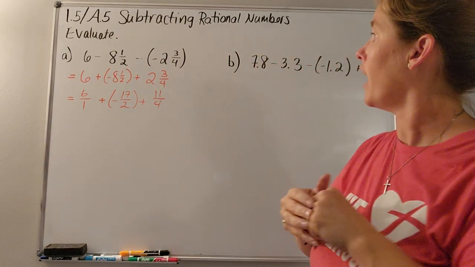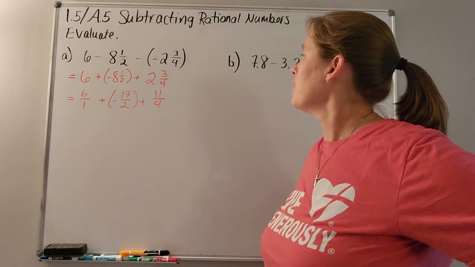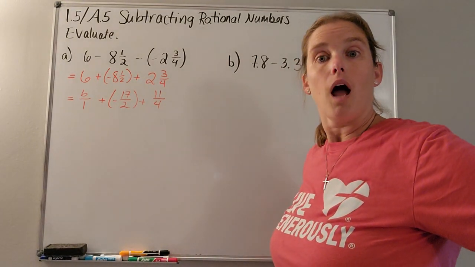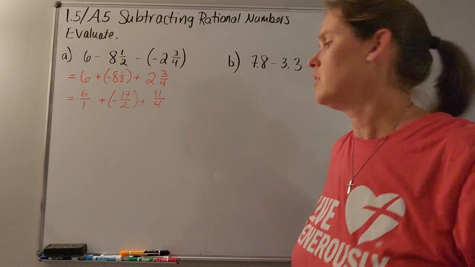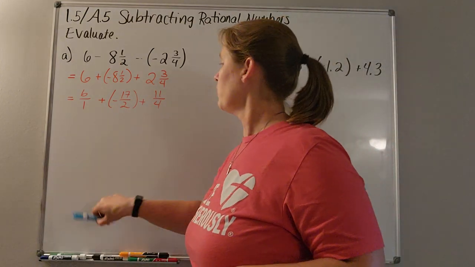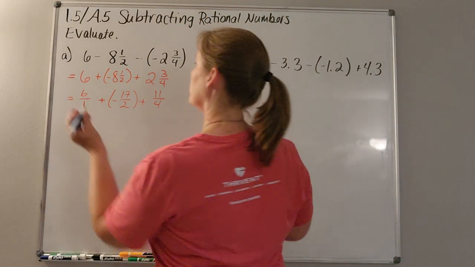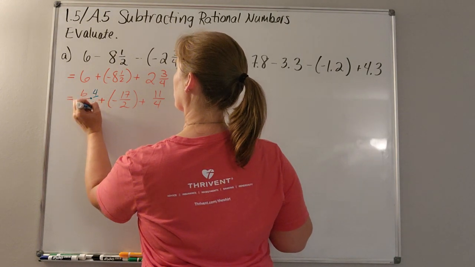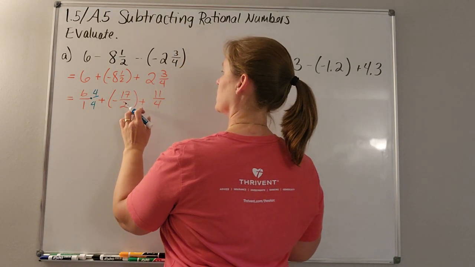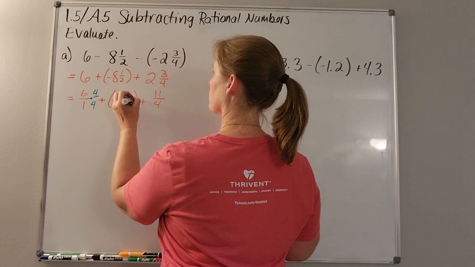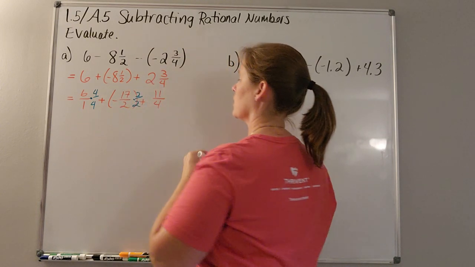All right, now we might look at this and say, okay, we need a common denominator. I hear you saying it's 4. Good call. Let's make them 4s. So for 6 over 1, multiply by 4 over 4. For negative 17 over 2, we're multiplying by 2 over 2, and nothing to 11 over 4.